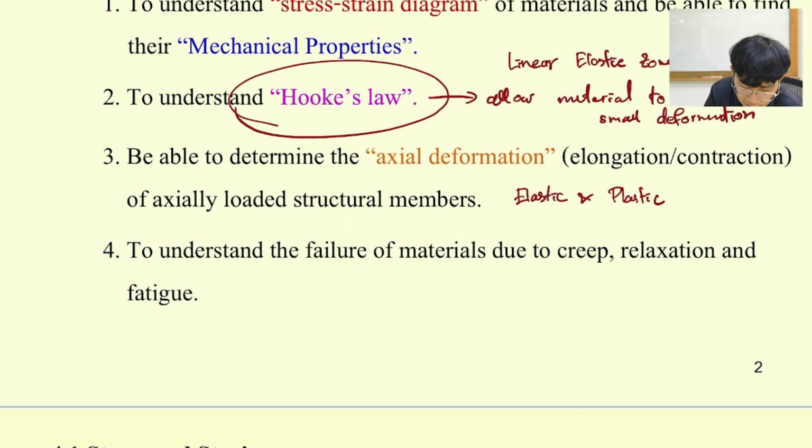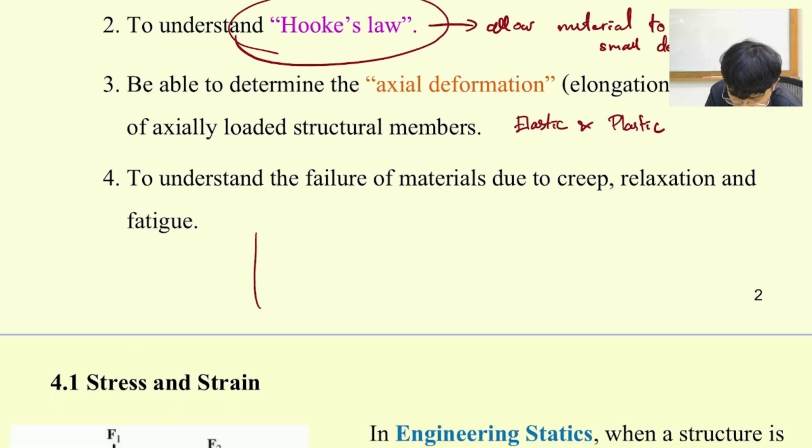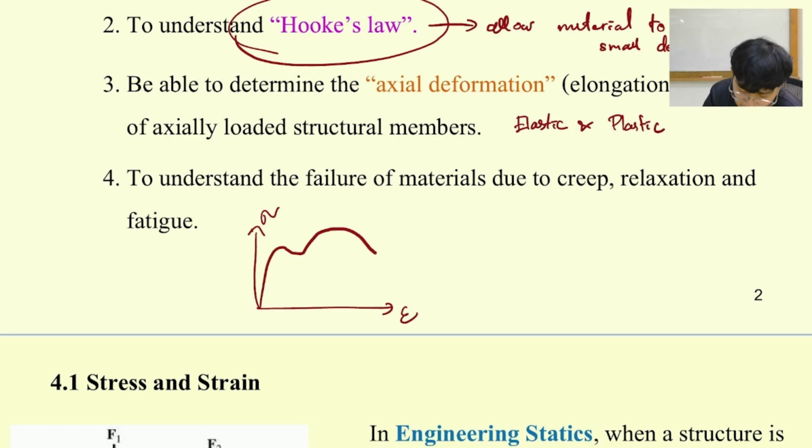So if we look at the curve again, we have stress here and strain here, and then we have a line like this, okay? This is the elastic zone, going up over here.